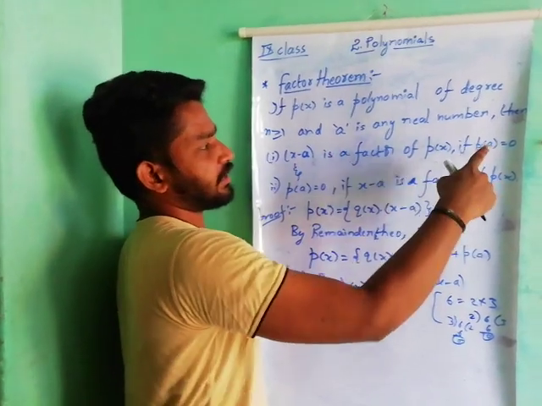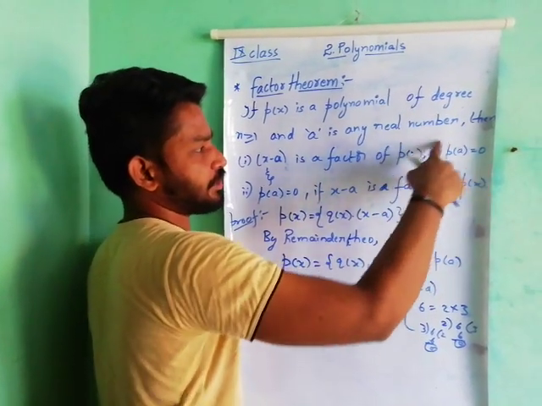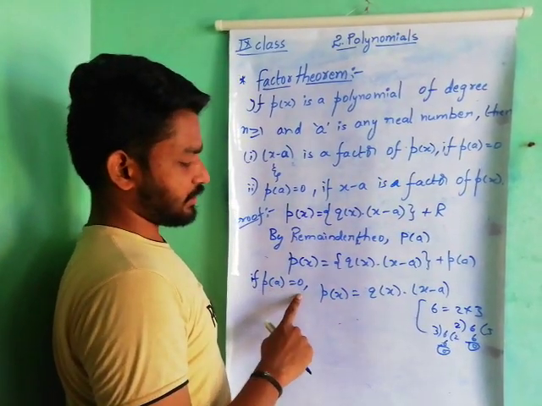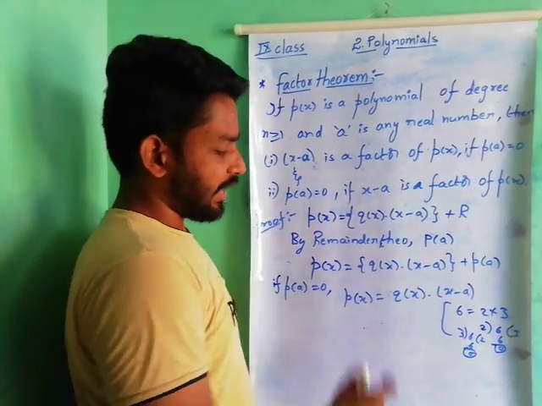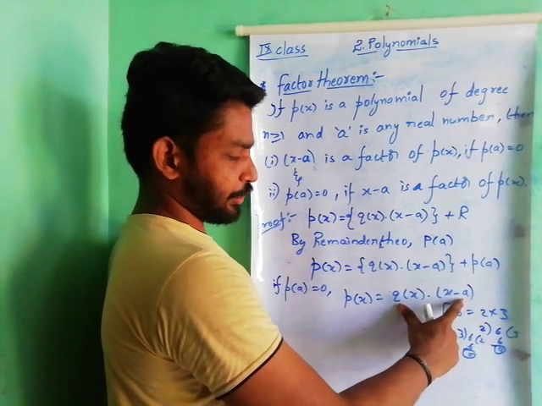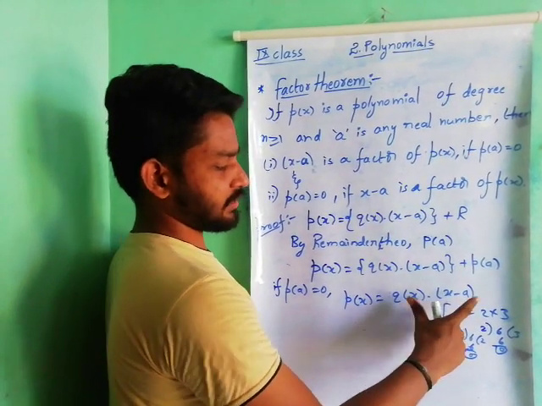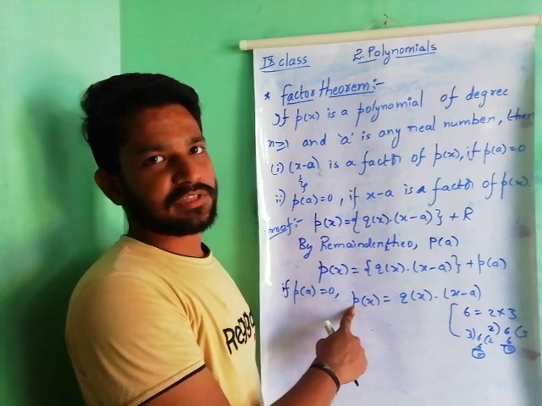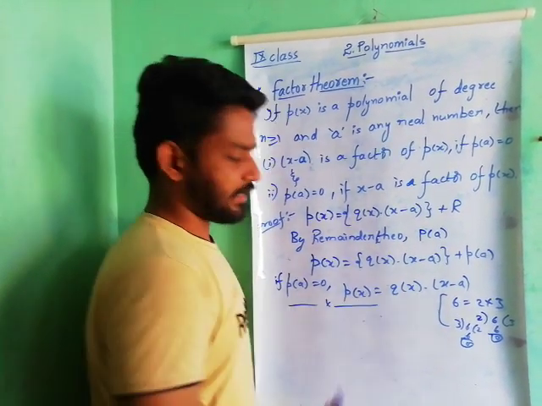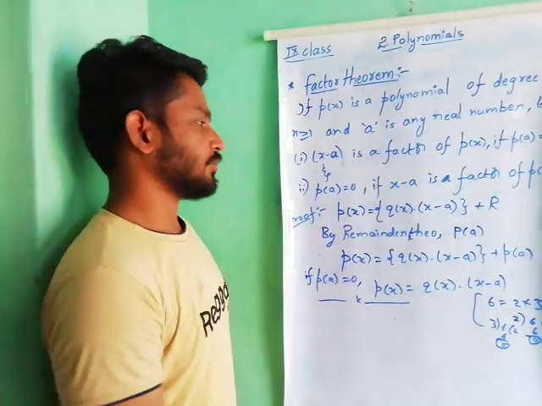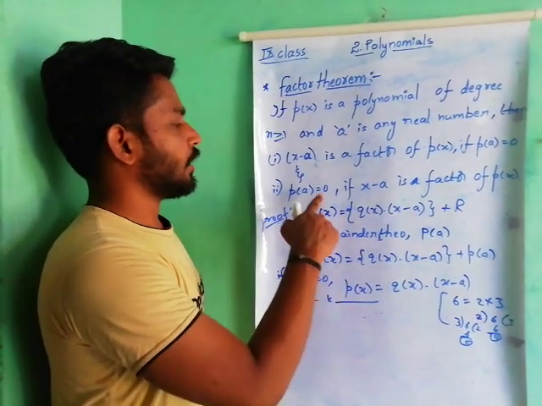So for the first condition, if p of a is equal to 0, our p of x becomes q of x into x minus a. Any number can be split into a product of two numbers, and the two numbers must be factors of it. This is the proof of the first part.